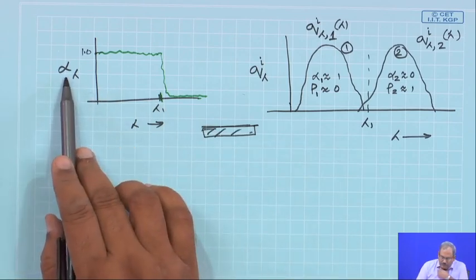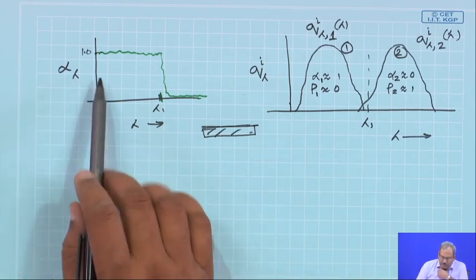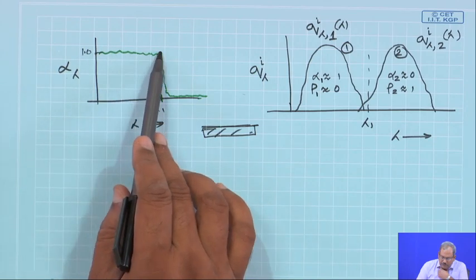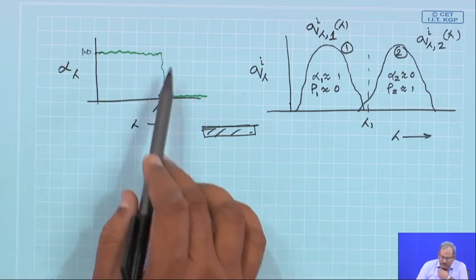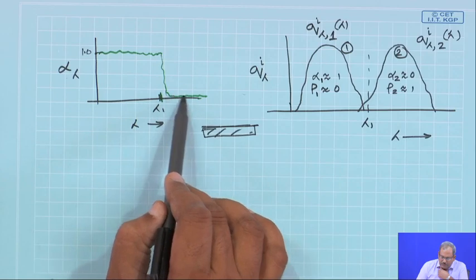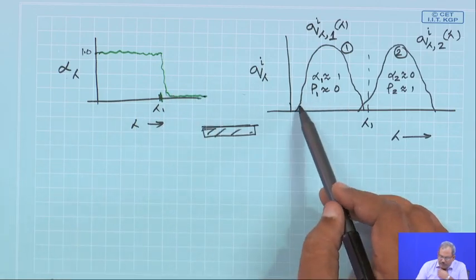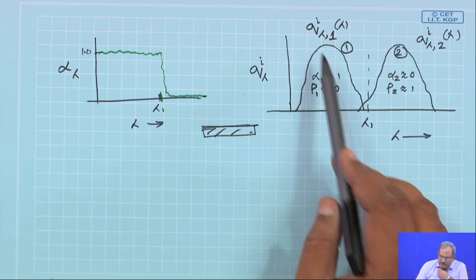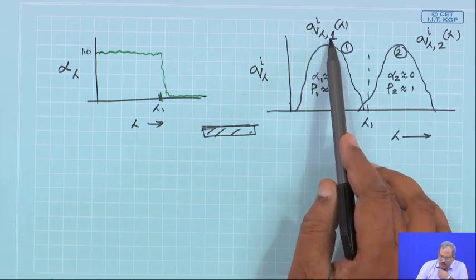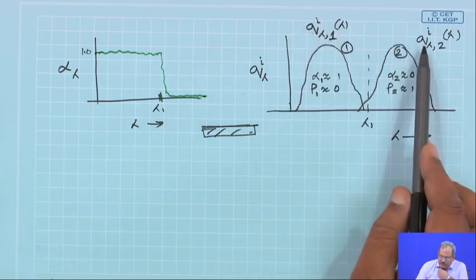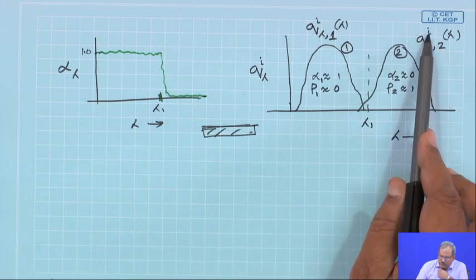where the absorptivity is roughly 1 up to a wavelength of lambda 1, and beyond lambda 1 it comes to a value close to 0. Two different incident radiations are falling on the surface, q lambda 1 incident radiation and q lambda 2 incident radiation.